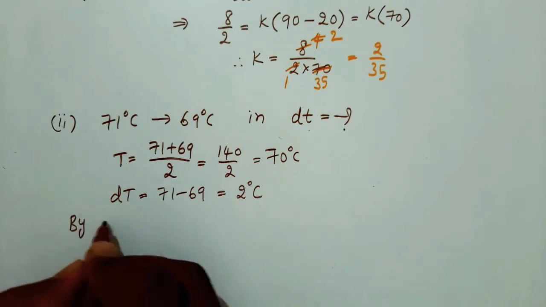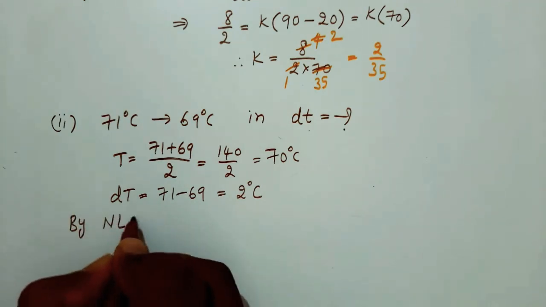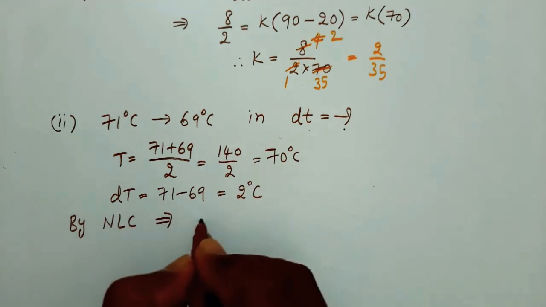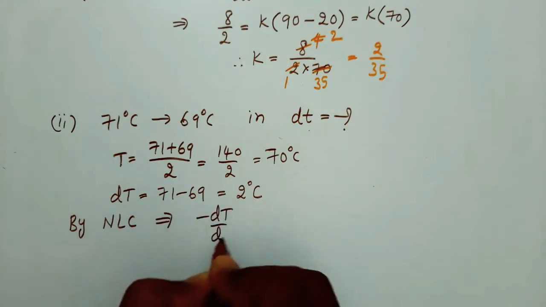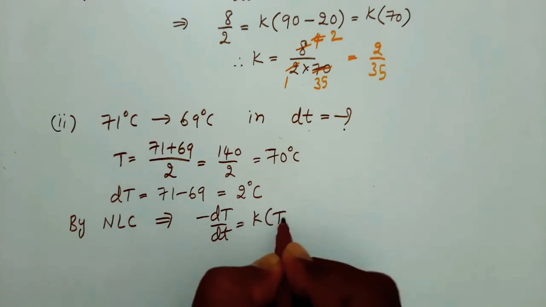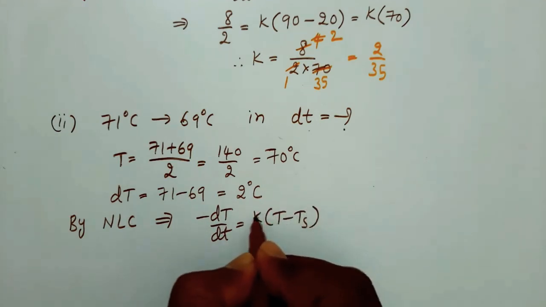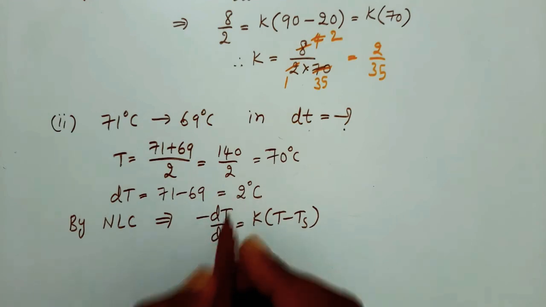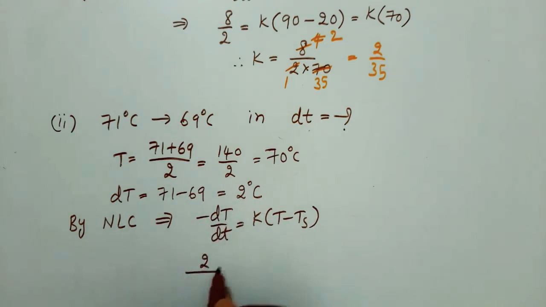By Newton's law of cooling, we can write minus dT by dt is equal to k into (T minus Ts). So here dT is equal to 2 degrees Celsius, that is 2.